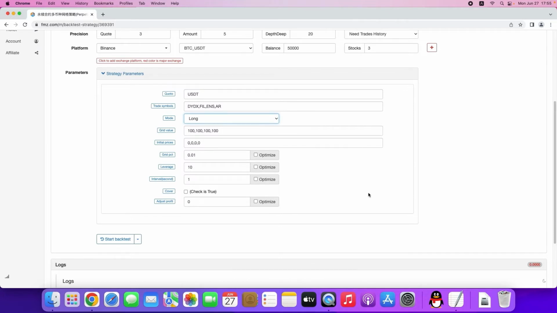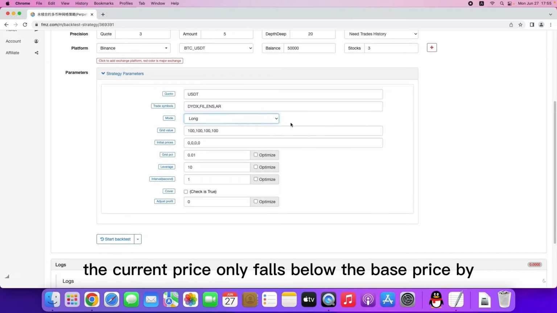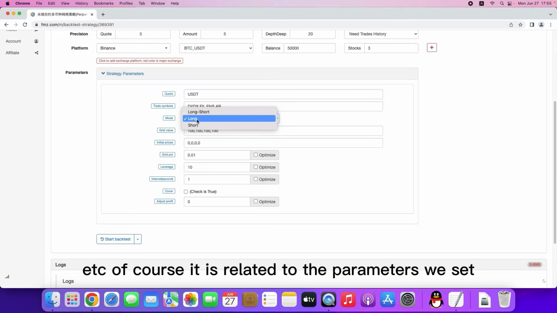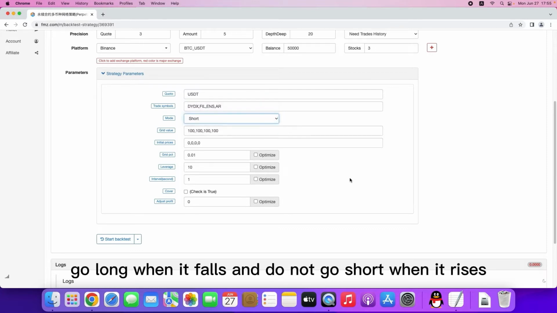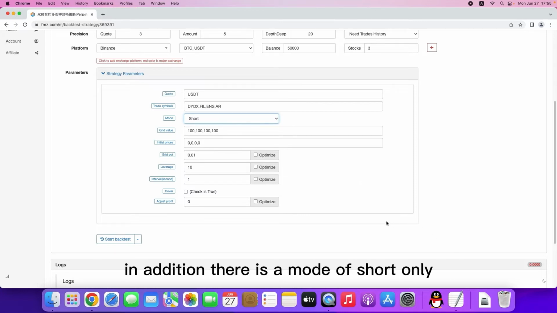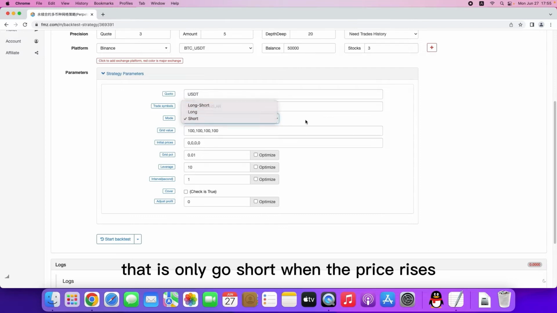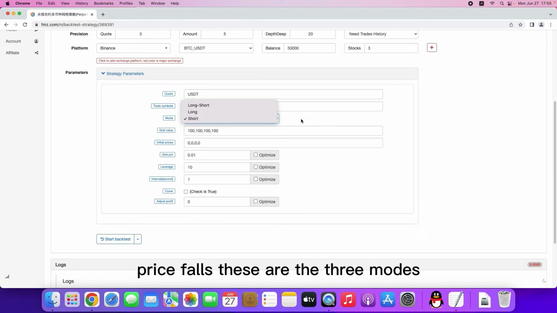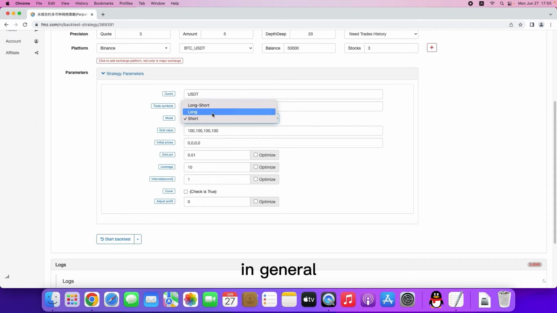For example, when the current price only falls below the base price by 1%, 2%, 3%, etc. Of course, it is related to the parameters we set. Go long when it falls and do not go short when it rises. In addition, there is a mode of short only. That is, only go short when the price rises and do nothing when the price falls. These are the three modes in general.